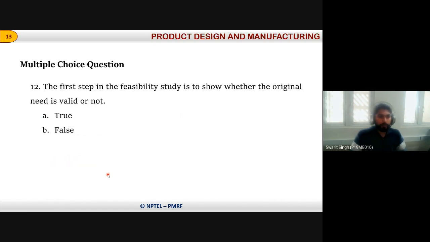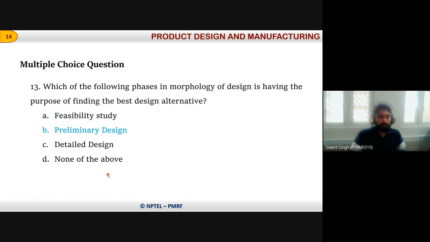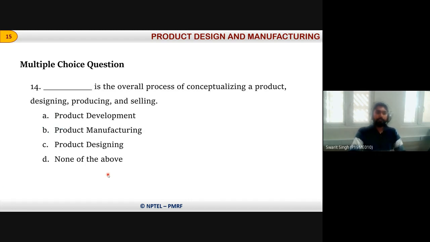So we were at question number 13. Now moving to question number 14. Question number 14 says the overall process of conceptualizing a product, designing, producing, and selling is called product development, product manufacturing, product designing, or none of the above.